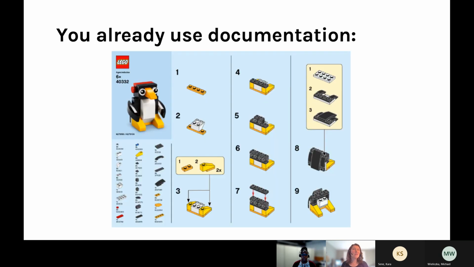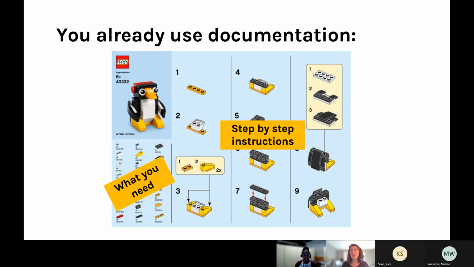You're already using documentation maybe in your everyday life. So I wanted to pick a really basic example of documentation. Like I said, a recipe is a good one. This is Lego's build of the month. So you might be interested in making this very cute penguin. This documentation has in it some components of what good data documentation has.